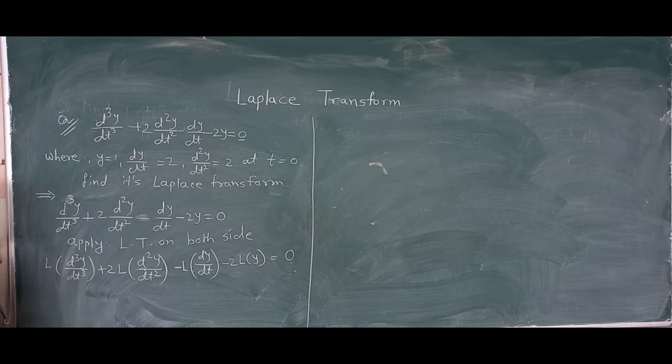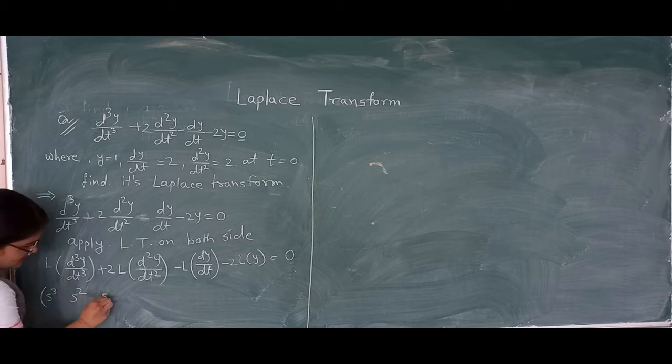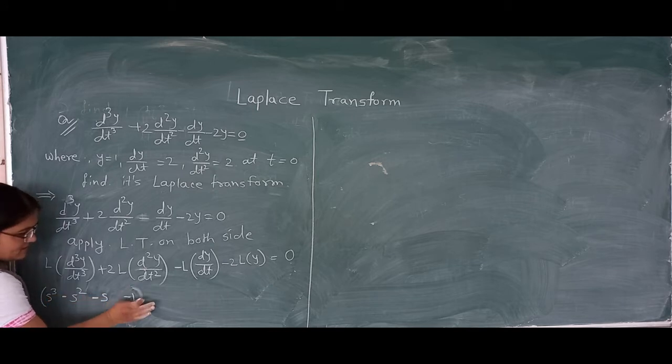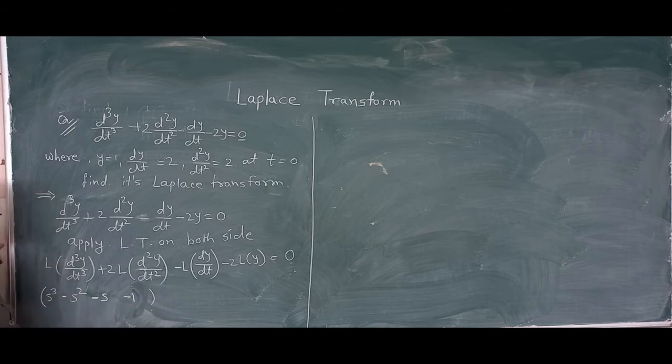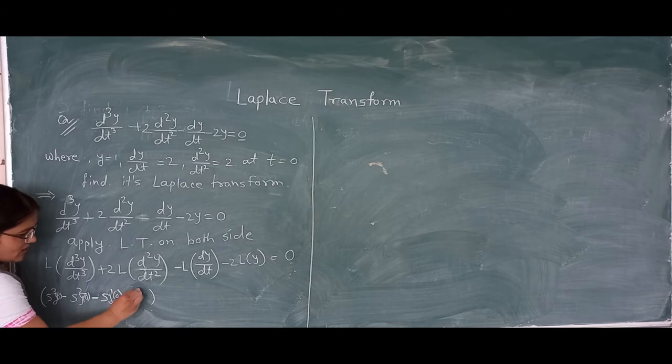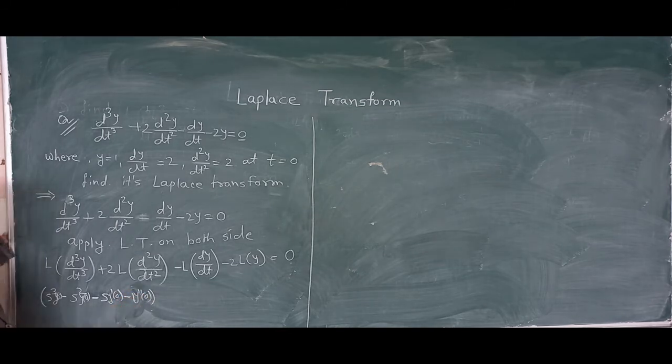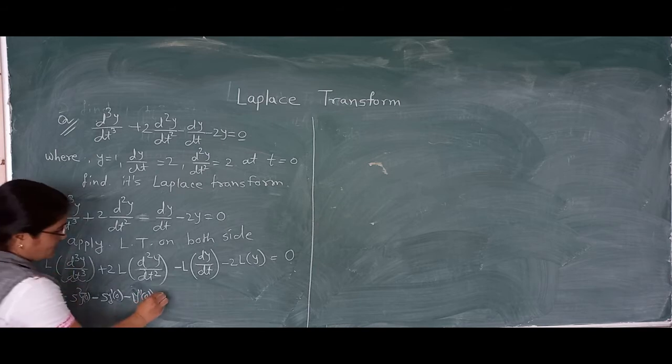d cube y upon dt cube is s cube, s square, s, 1, minus, minus, minus, y bar of s, y at 0, y dash at 0, y double dash at 0. This is for your first bracket.